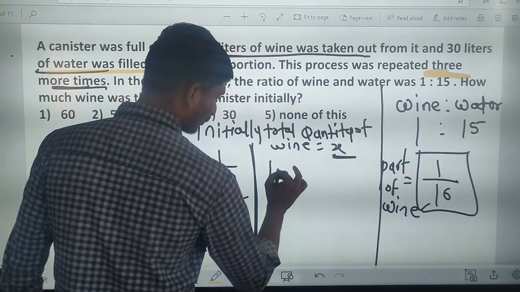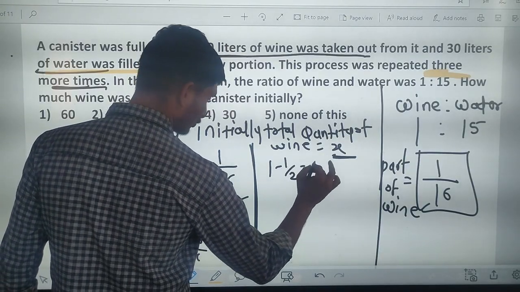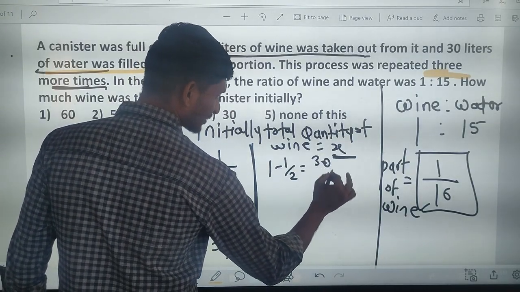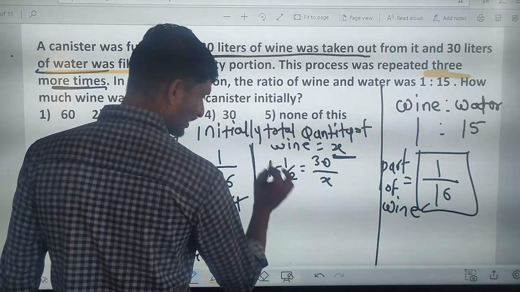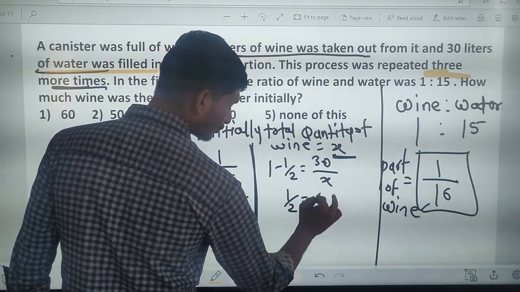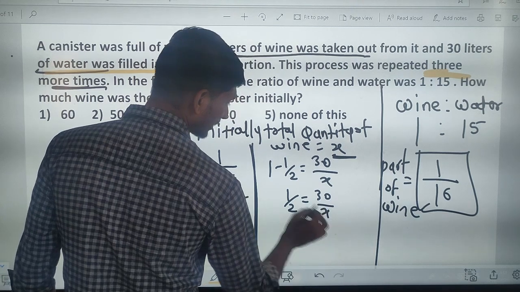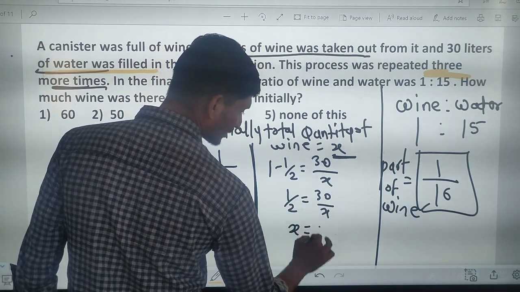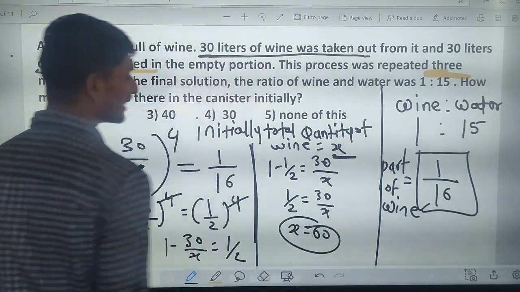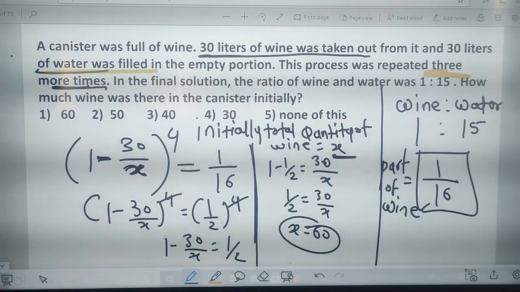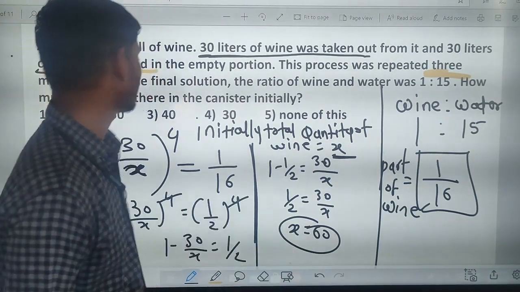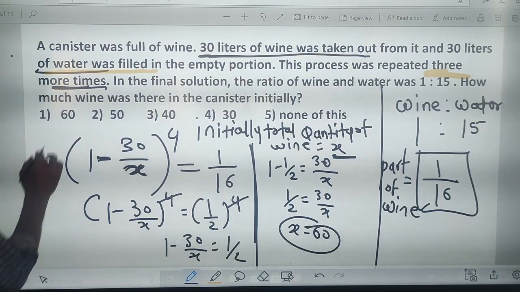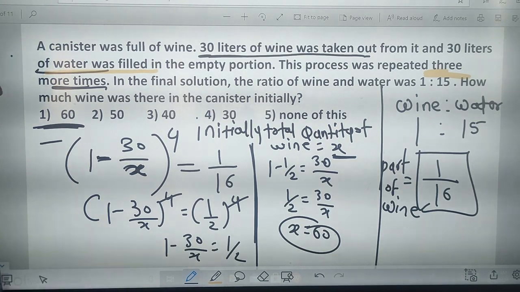Here we write 1 minus 1/2 is equal to 30 divided by x. Then 1/2 is equal to 30 divided by x. Then we cross multiply. x is equal to 60. Then the initial quantity of wine is 60 liters.